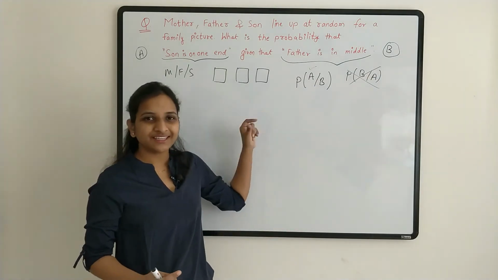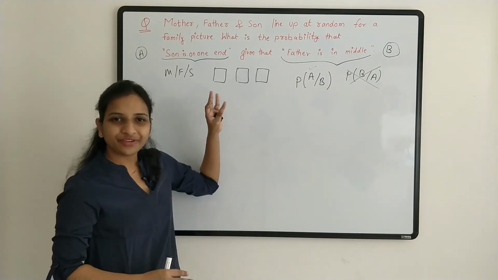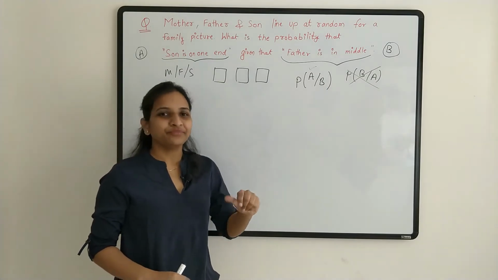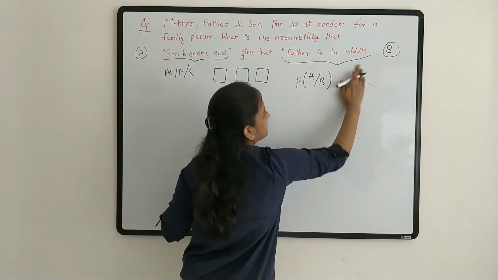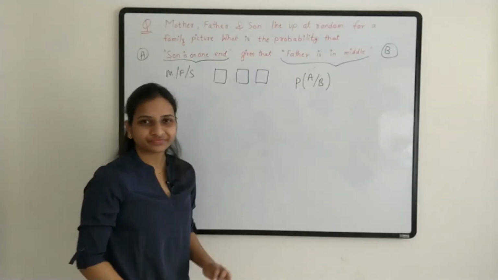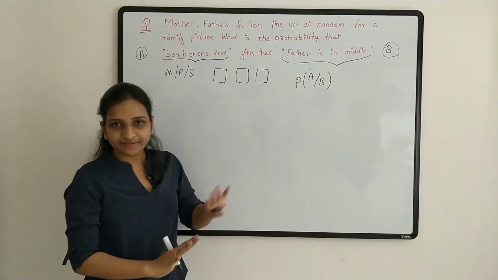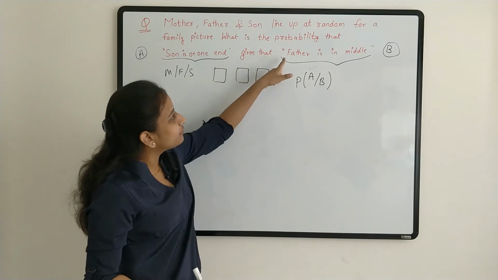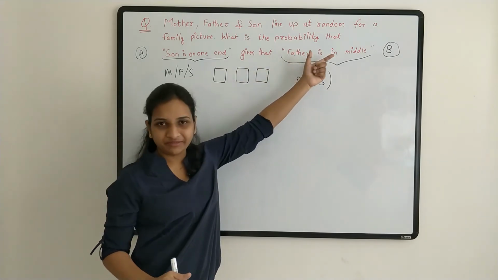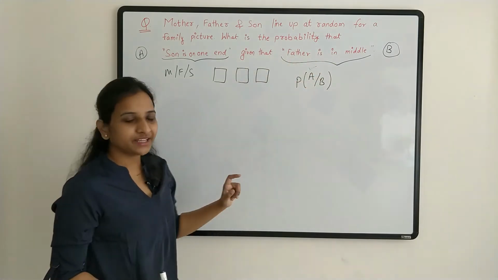Now this question we can solve in two ways. Quickly we can solve this with an easy trick, and we can solve this in the traditional way. First let's solve with the trick. Not a trick but just a simple way. See, here we are not finding the sample space, no need of that. Here what event has already happened? Event B. Father is in the middle.